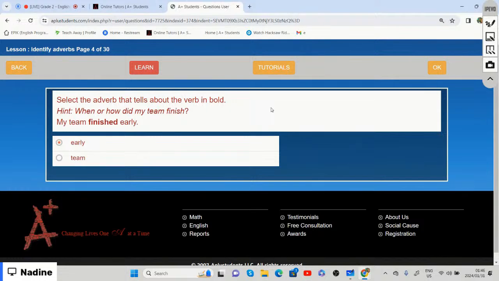If you start early or finish early, it tells you when. So early is our adverb.